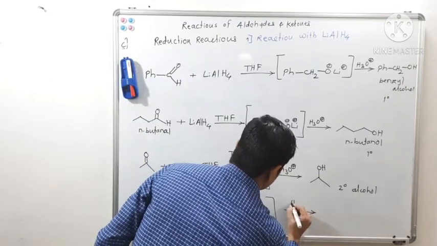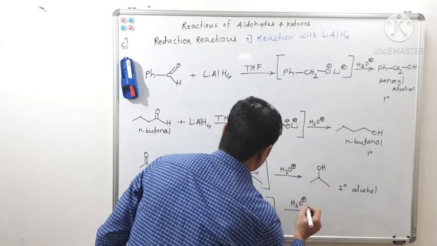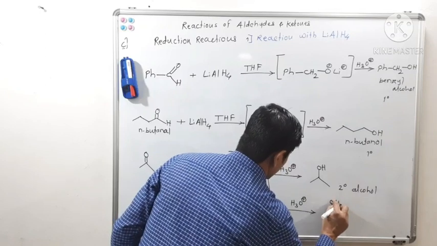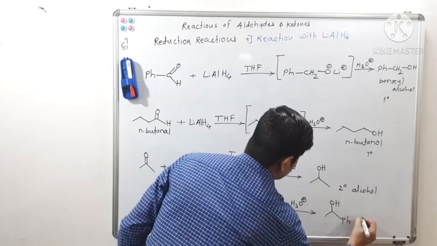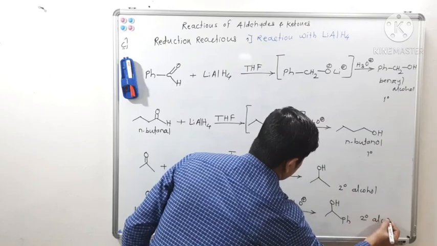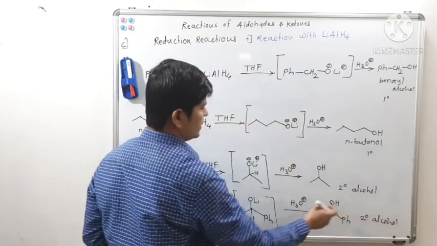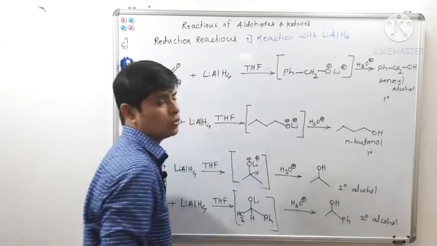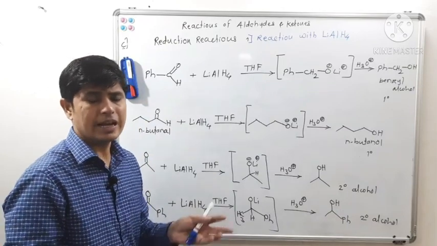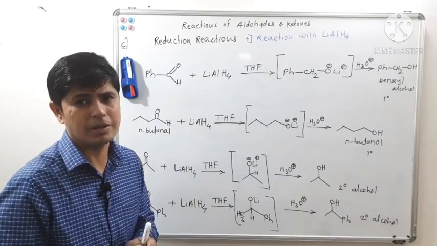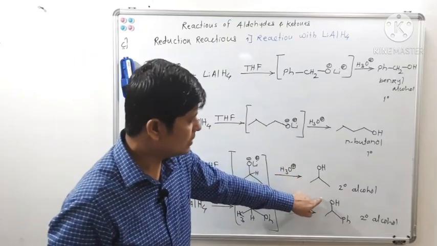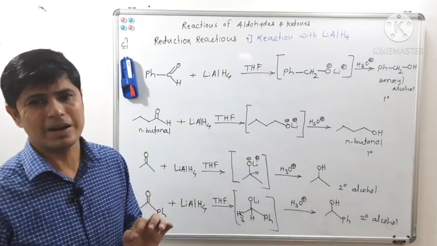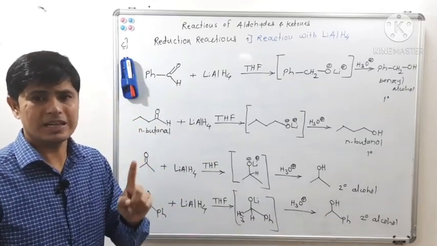This on reaction with dilute HCl gives the corresponding secondary alcohol. Again, this is also a secondary alcohol. This is 1-phenylethanol. This is isopropyl alcohol, isn't it? So when we react a ketone with lithium aluminum hydride, we always get a secondary alcohol as a product, and when we react an aldehyde with lithium aluminum hydride, we always get a primary alcohol as a product.